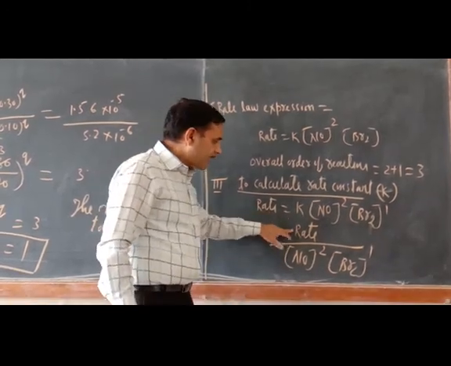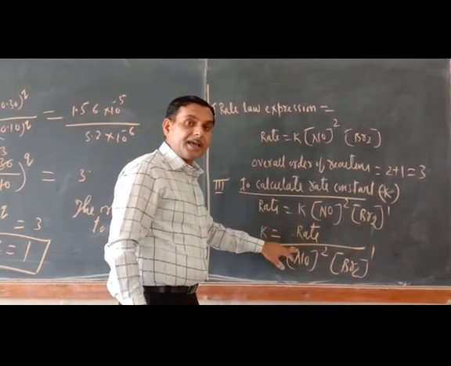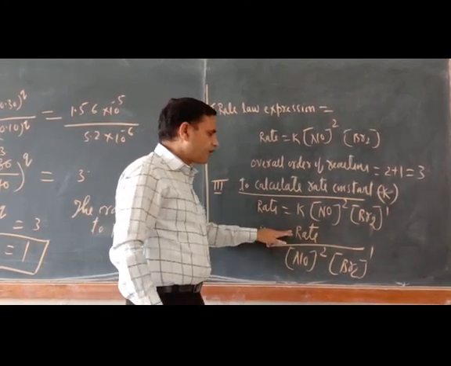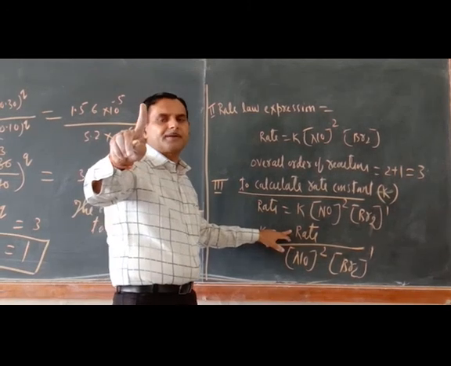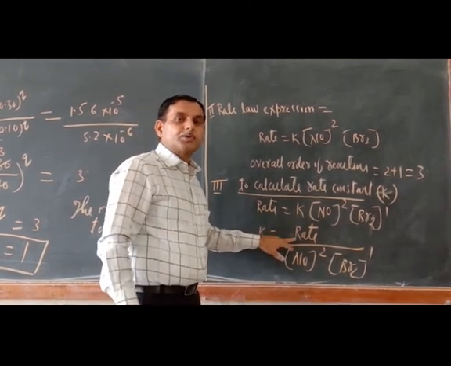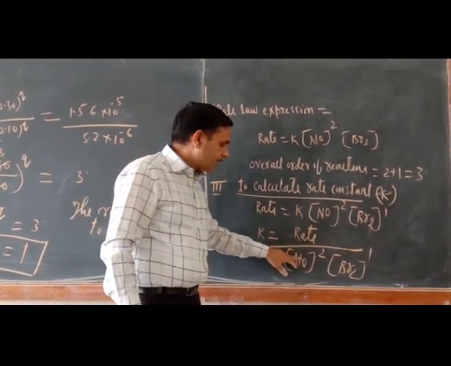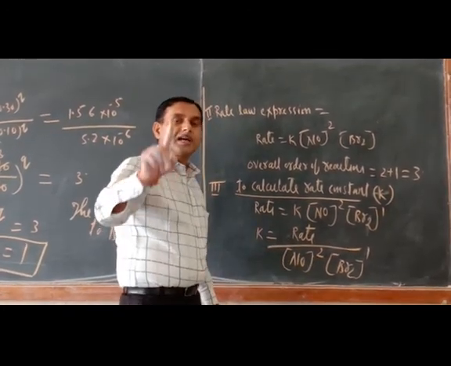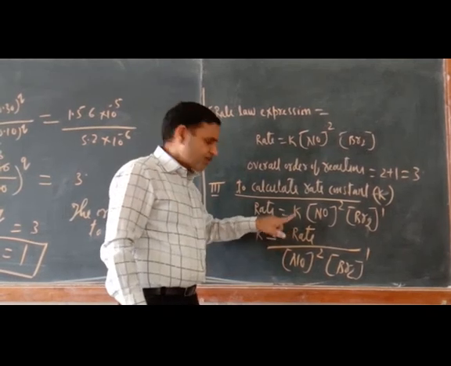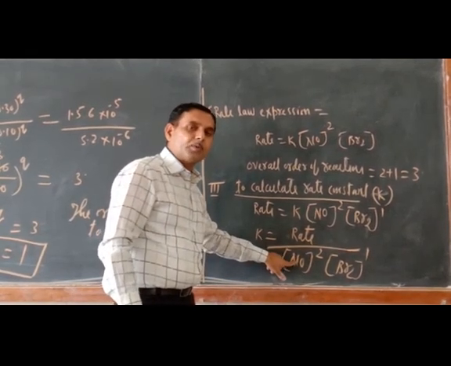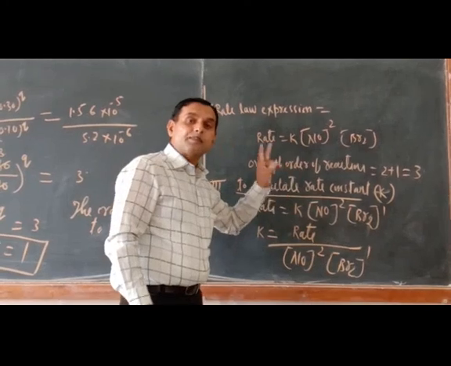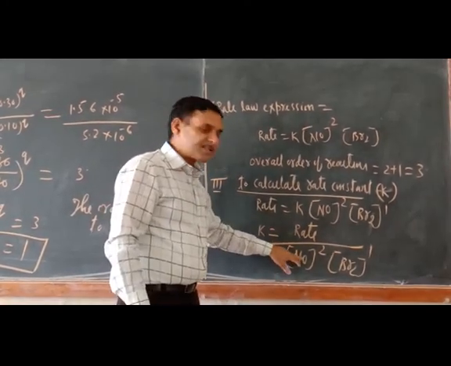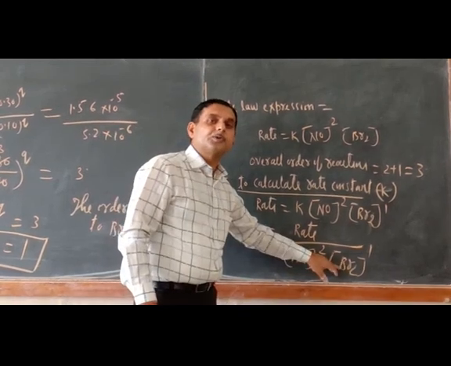So which rate you are putting, same molar concentration of reacting species you should put. Suppose first experiment rate you are writing, so the first experiment molar concentration of NO and Br2 should be put. Suppose you are putting the rate of second experiment, so second experiment molar concentration should be put. Suppose you are putting the rate of third experiment, so the molar concentration of third experiment you should put here.